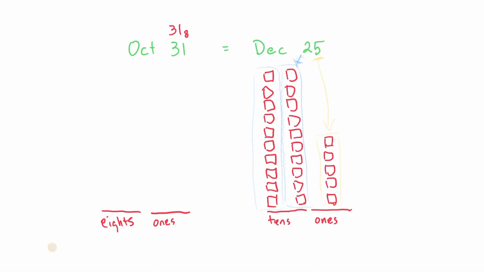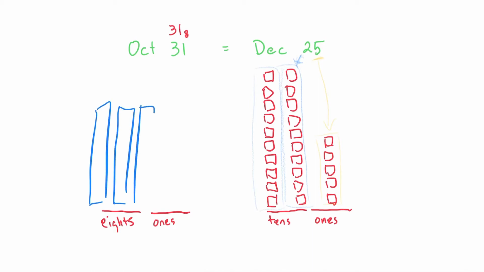So what does that look like if I represent this number? Well, there's my 3 groups of 8, and then I'm going to have 1 group of 1.